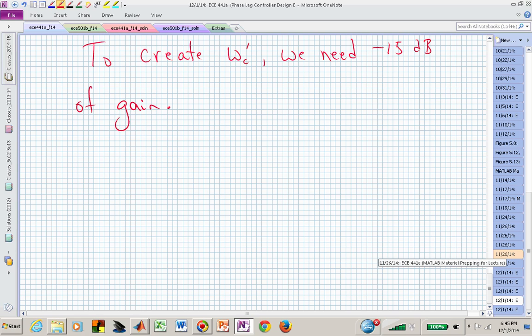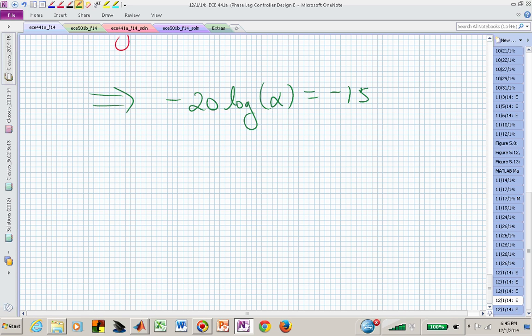So once I've found that, now I can say that is going to produce my pole zero separation, which is governed or identified by the parameter alpha. I need that to be this minus 15. I can now take the anti-log of both sides after dividing both sides by minus 20.